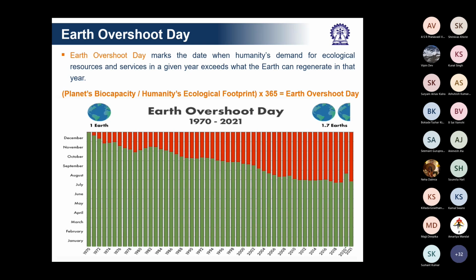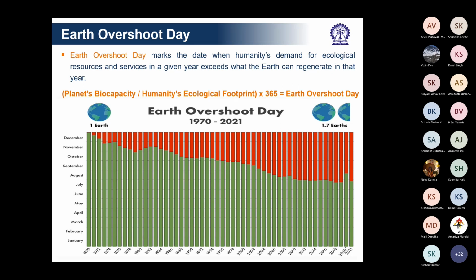So how do we compute that? We divide the planet's biocapacity by humanity's ecological footprint, and then multiply it by the number of days in a year, that is 365. Why are we dividing the biocapacity by the footprint? Because biocapacity, as I said, is the amount of ecological resources which the Earth is able to generate in that year.